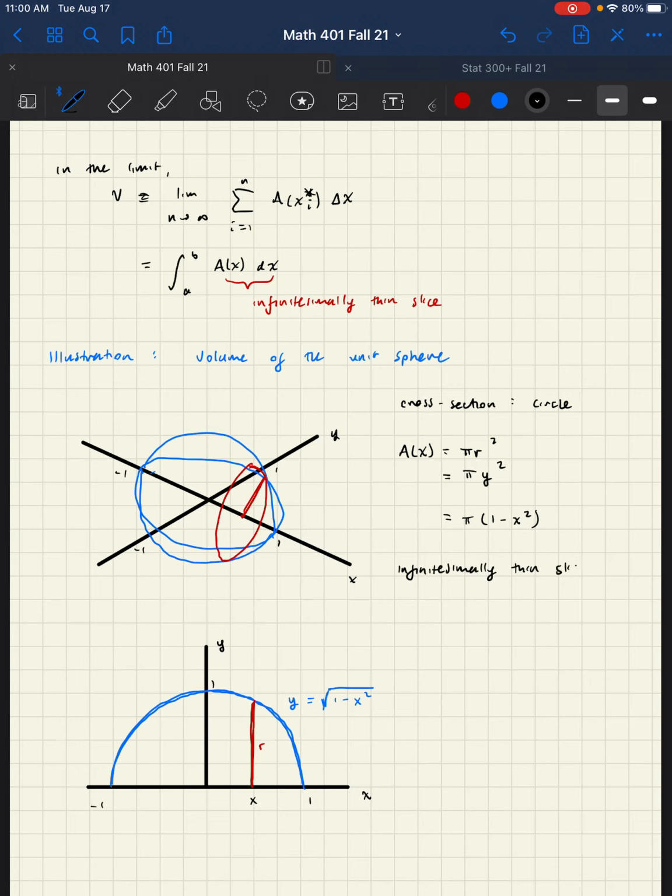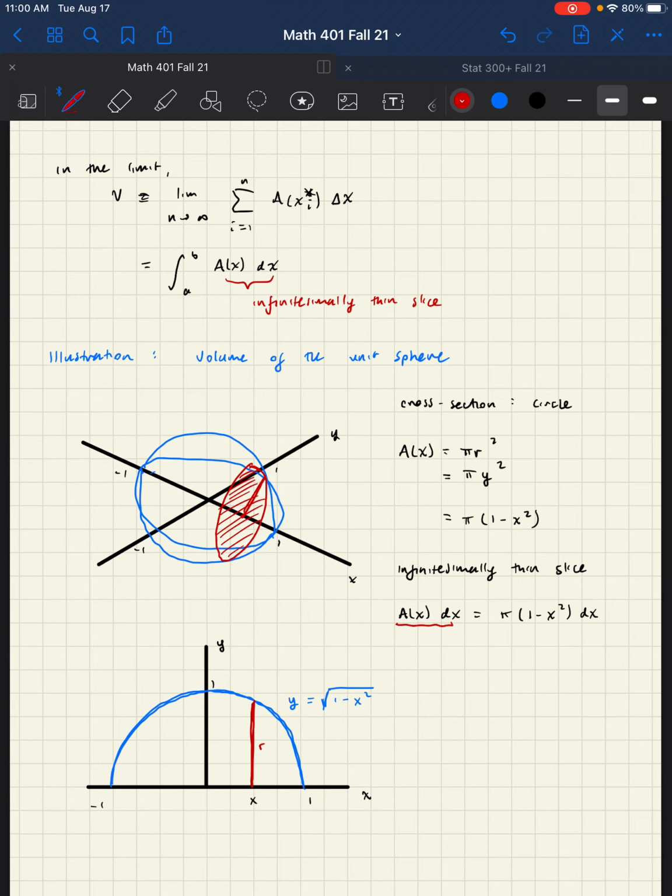Which means our infinitesimally thin slice is going to be A of x dx, which is going to be pi (1 minus x squared) dx. So that's the area of this infinitesimally thin slice. So that's this area.